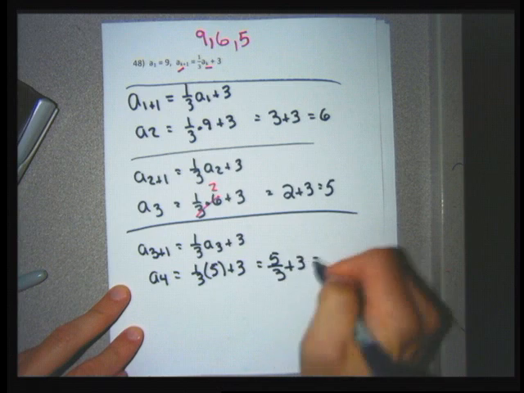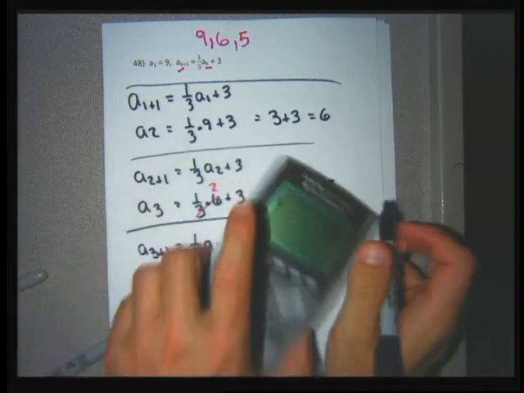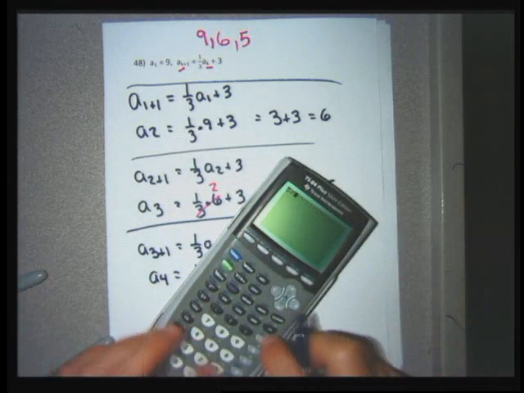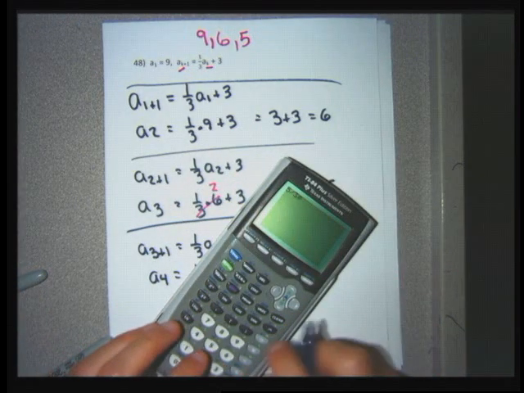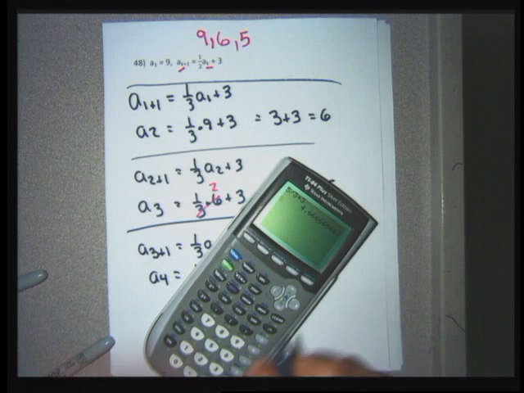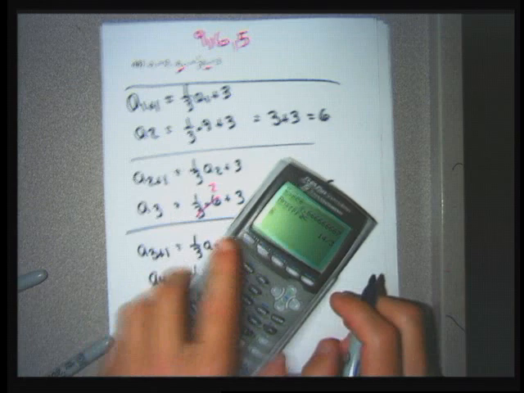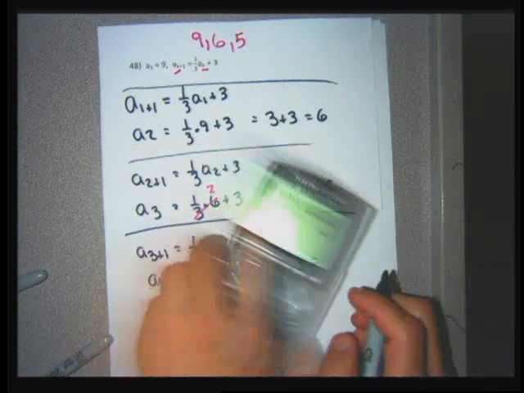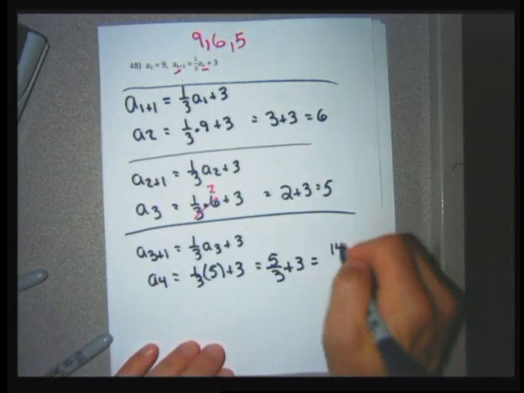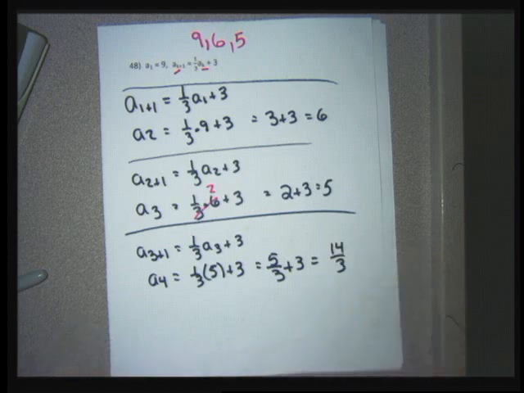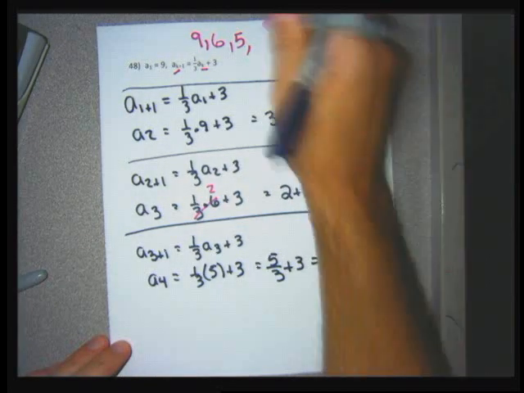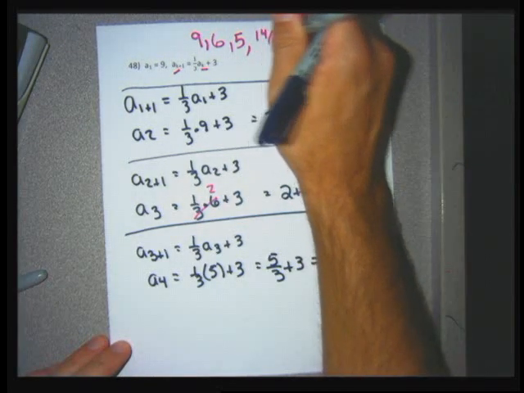And then I'm left with 5/3 plus 3. I'll be lazy. Do 5 divided by 3 plus 3, and then math, enter, enter. I get 14/3 on my calculator when I do that math. So the fourth term in this sequence is a fraction.